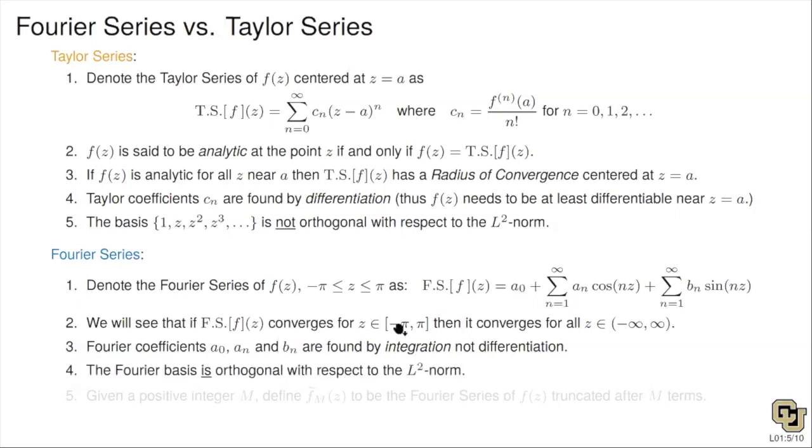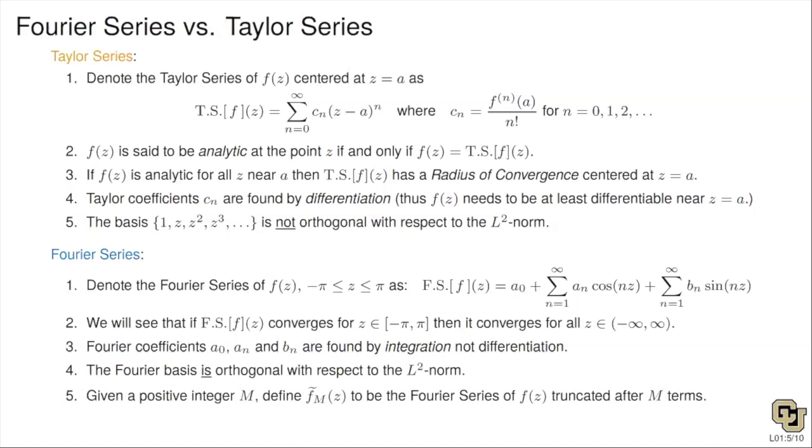The Fourier basis is orthogonal, and that's nice not just for finding the coefficients but for doing calculations in general. I won't go into all the numerical analysis aspects of the Fourier basis. So, some terminology for a Fourier series.